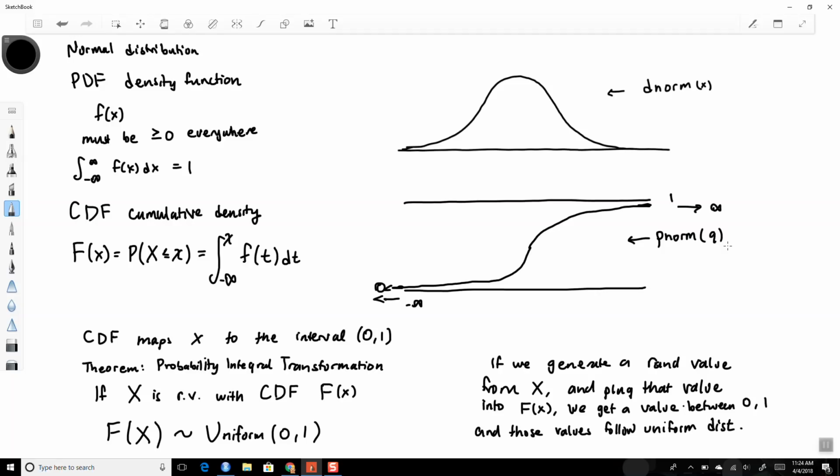So you've got dnorm, it gives you the density. pnorm gives you the cumulative density. So if I plugged in pnorm of 0, what would I get? 0.5, right? pnorm of 0 is 0.5. Let's see if you guys know this one. pnorm of 1.645.